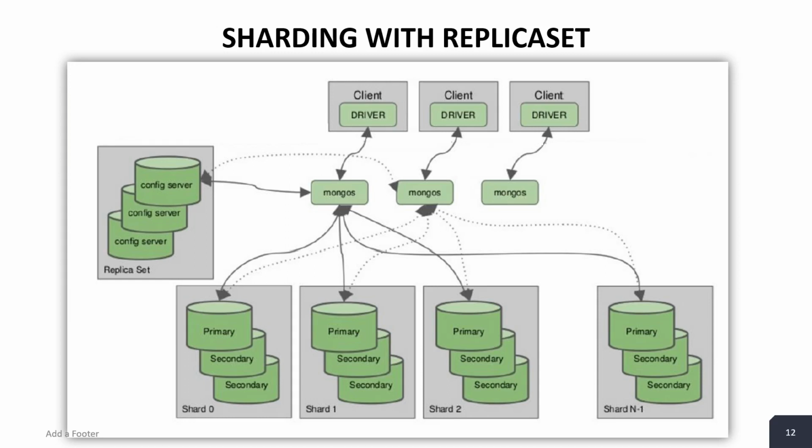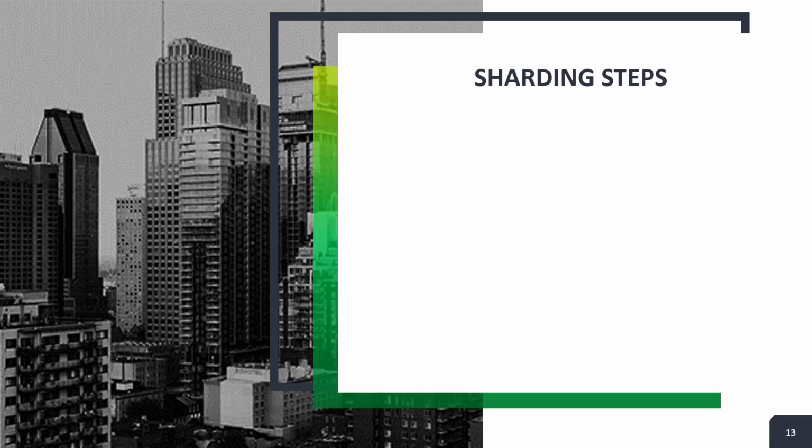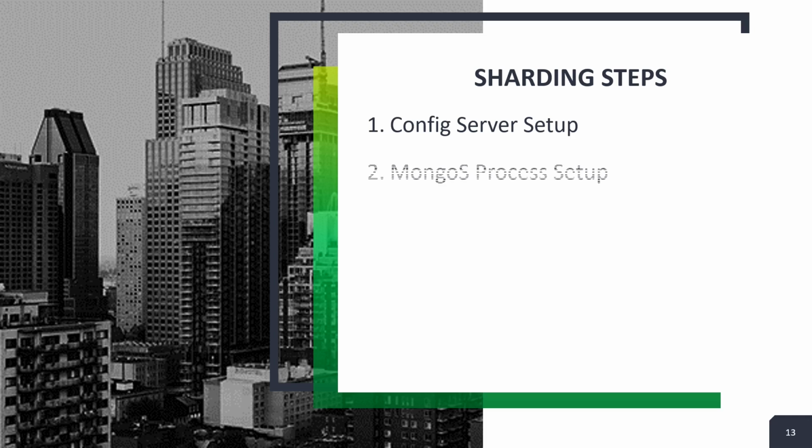We are going to replicate the same scenario in our lab setup on VMware in our next video. We are going to create the sharding setup in VMware using five different steps. First is the configuration server, where we are going to set up the configuration server replica set. Next is the mongos process, so we are going to create one mongos process on each and every server.